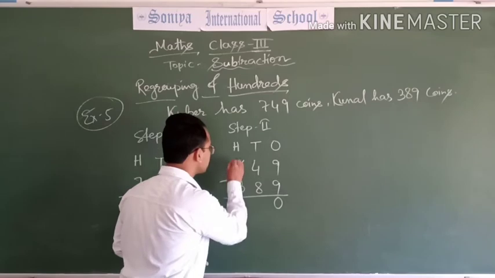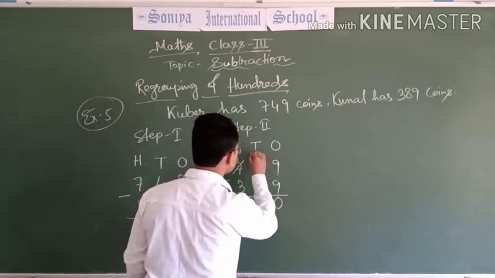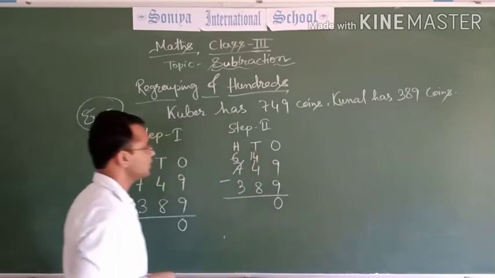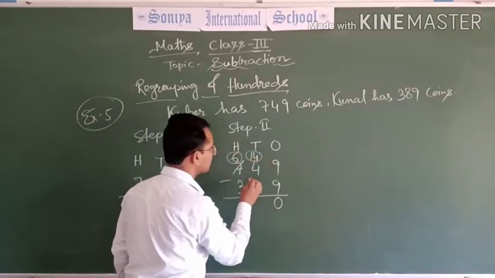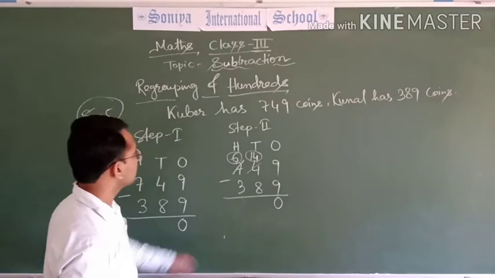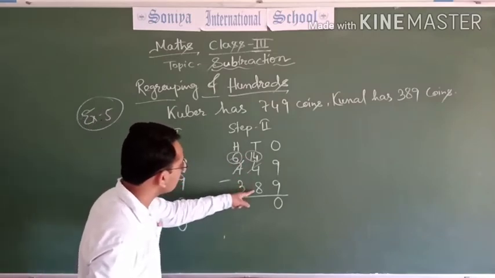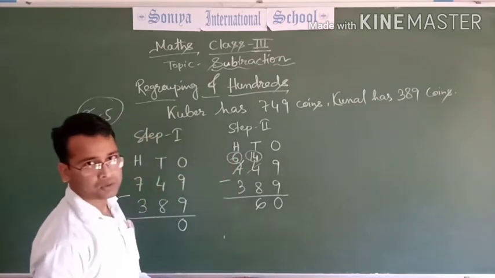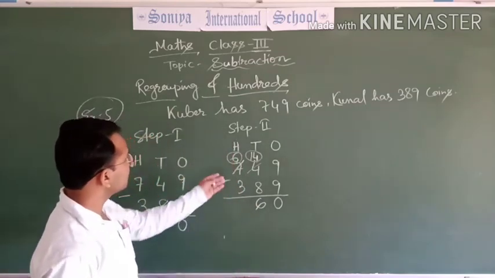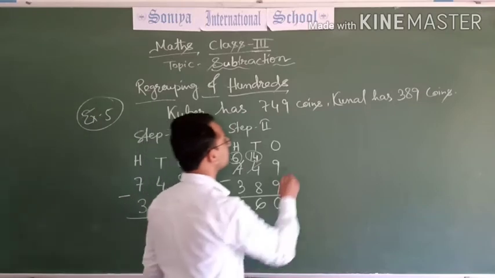So here 6 and here 40. So 14 minus 8 is equal to 6. So the second step is done.